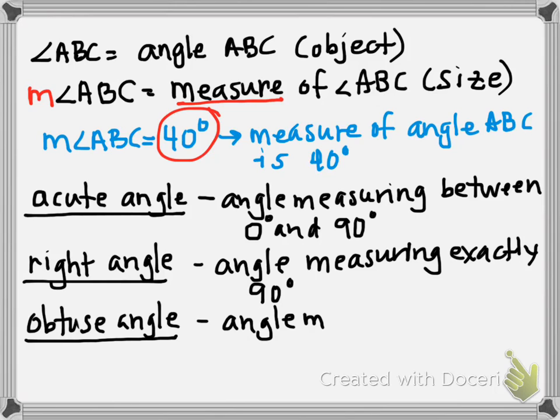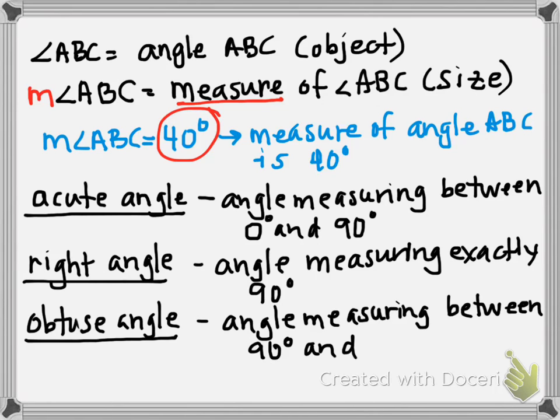So he's an angle measuring between 90 degrees and 180 degrees. And again, between means it can't be exactly 90, that's a right angle, and it can't be exactly 180 degrees because that is our last angle, a straight angle.